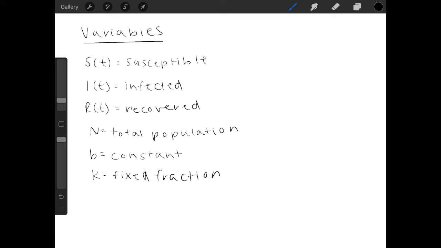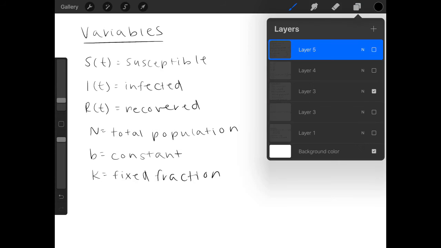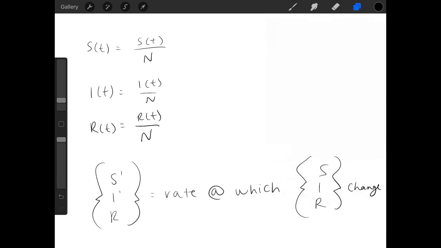Now B is the number of contacts, so the amount of times someone comes into contact with another person, no matter what group they're in. And B is the transmission coefficient. And K is the fixed fraction of the infected group, the probability that they will recover.